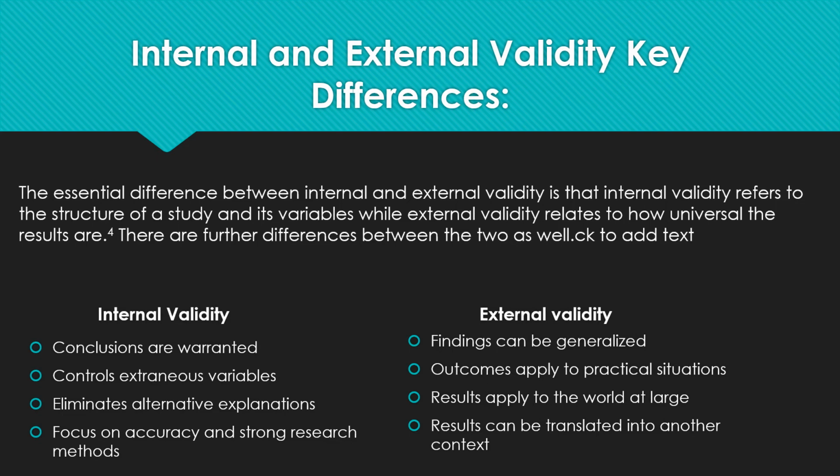With internal validity, conclusions are warranted, it controls extraneous variables, eliminates alternative explanations, and also focuses on accuracy and strong research methods. Now, when it comes to external validity, findings can be generalized, outcomes apply to practical situations, the results apply to the world at large, and results can be translated into another context.